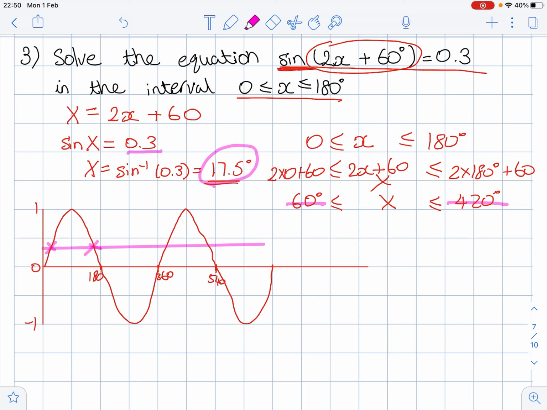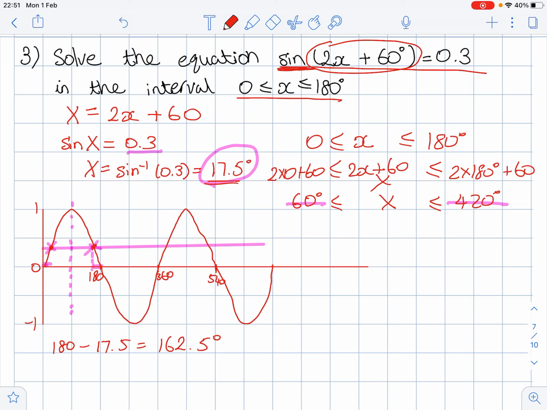So remember, this place here also has the same value. So remember it's symmetrical. So if this part here is 17.5, I must do 180 minus 17.5, which is 162.5 degrees. So I know this point here is 162.5.